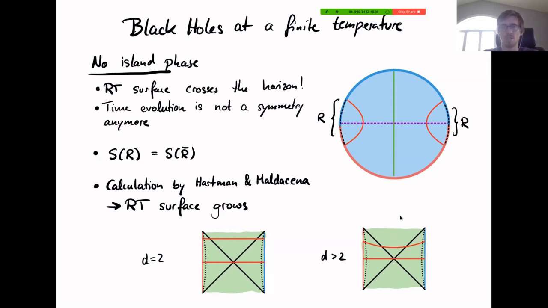OK, so yeah. Can I ask you a question? So in this picture, I'm a bit confused, because it seems like in the upper circle you have drawn the minimal surface connecting the blue region and the red region, which corresponds to the lower picture.